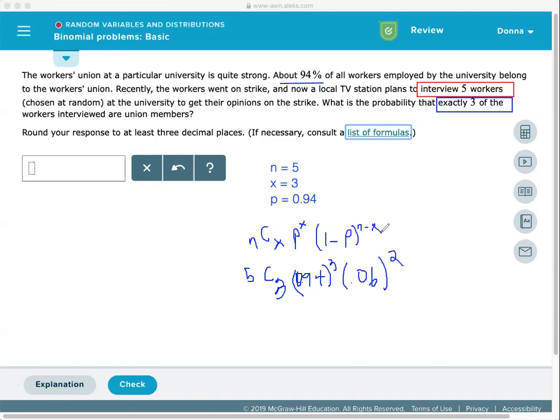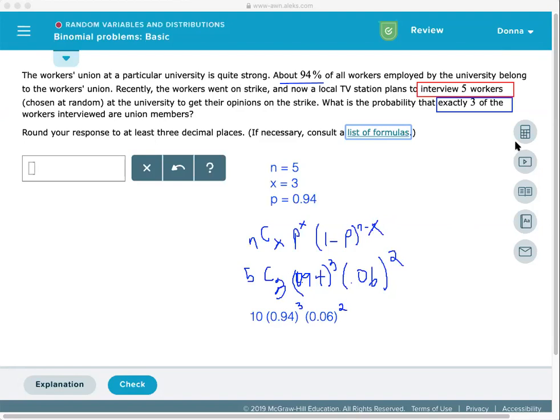This is n minus x. So it's going to be 5 choose 3, and then 5 choose 3 is equal to 10. Again, 5 choose 3 is 10, and I'll come back and show you where that 10 comes from. 0.94 to the 3rd power, 0.06 to the 2nd power.